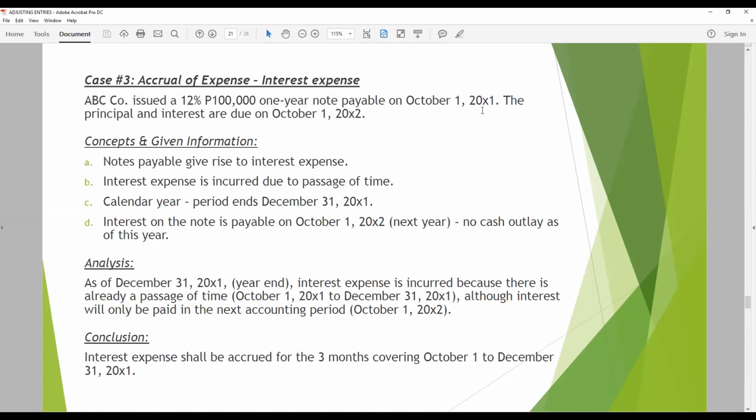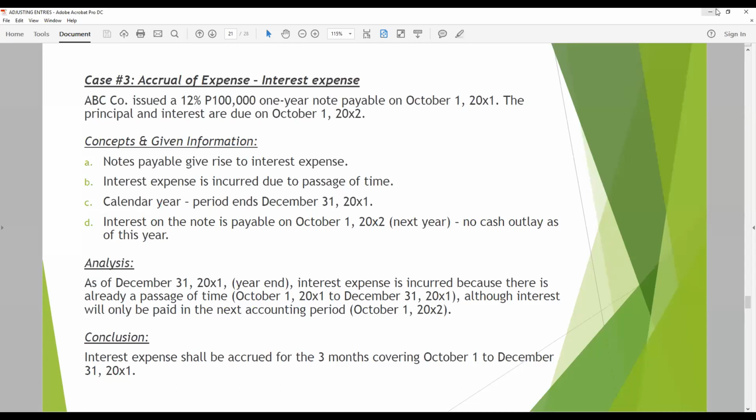As of December 31, 2021, your year-end interest expense is incurred because there is already a passage of time from October to December, 3 months, although interest will only be paid in the next accounting period, next October. So interest expense shall be accrued for the 3 months covering October 1 to December 31, 2021.